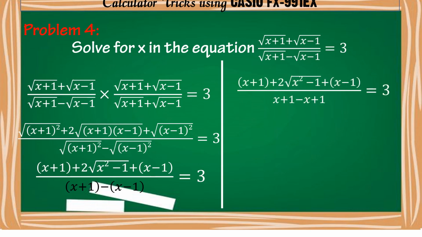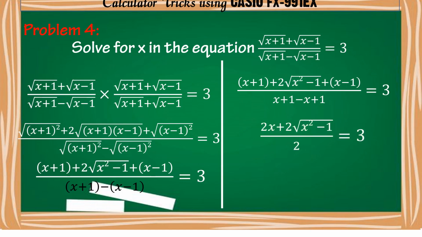So, pag sinimplify po natin yung numerator, makakancel po yung positive 1 and negative 1. And then, x plus x, yun po ay magiging 2x. For the denominator, makakancel naman po ang x at negative x. So, ang matitira na lang po ay 1 plus 1, which is equal to 2.